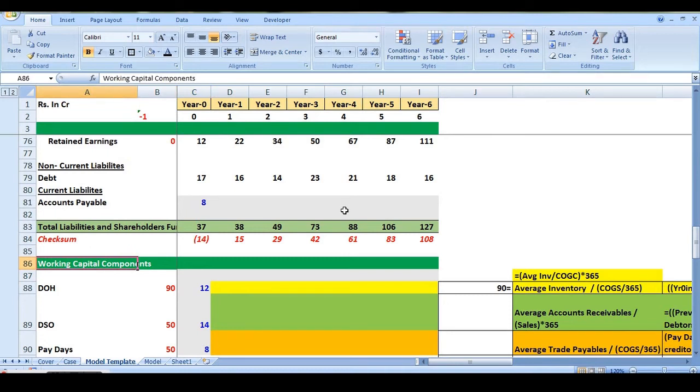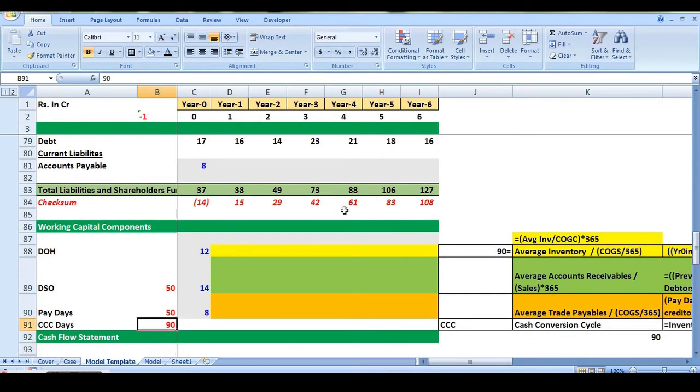The values given to us related to working capital components are days of sales outstanding, which is 50 days, pay days, that is the creditors payment period, 50 days, and cash conversion cycle as 90 days. The inventory value is given as 12 crores, debtors value as 14 crores and creditors value as 8 crores. Days of holding, the inventory holding period as most people know it, is not given to us. So we calculate it using the cash conversion cycle formula.